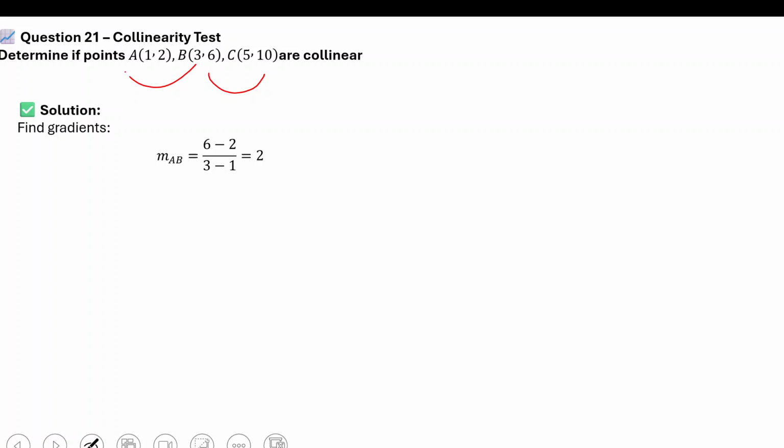So if I represent the gradient of A and B as M_AB, I have 6 minus 2 over 3 minus 1, which gives me 2.